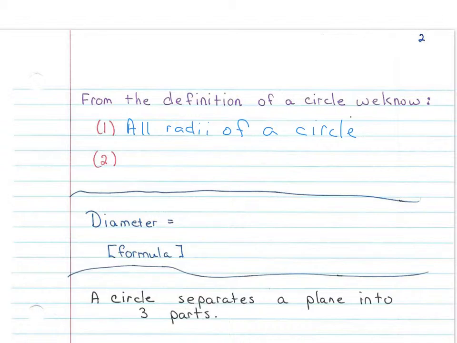They're all equidistant, but what else might we say? They're all congruent, because by definition of a circle, the radius is a fixed distance from that given point called the center. Well, if all radii are congruent, what could we conclude about the diameters of a circle?